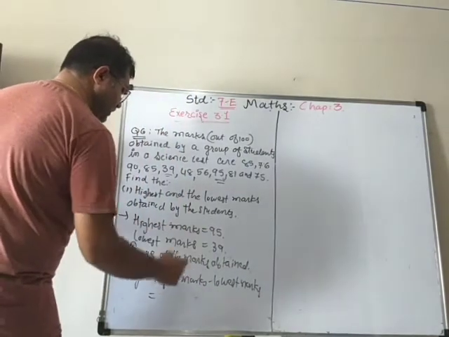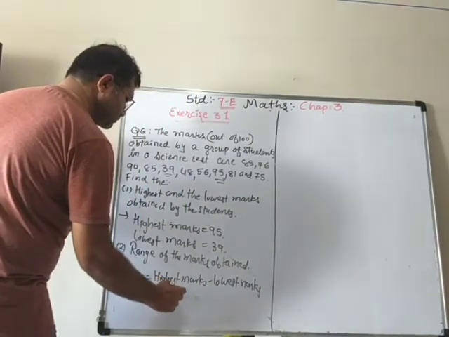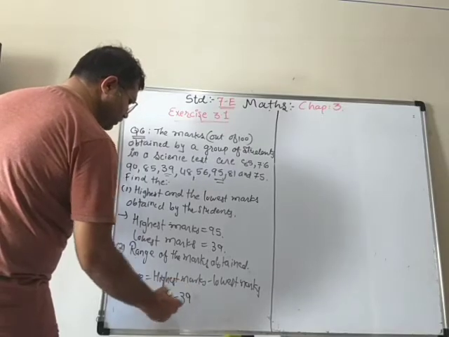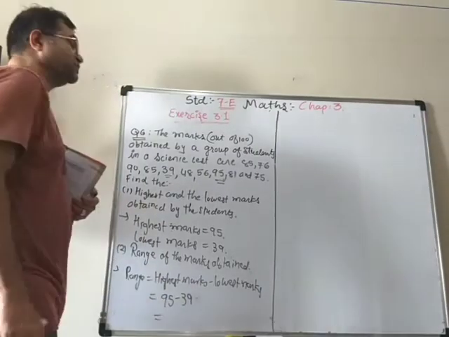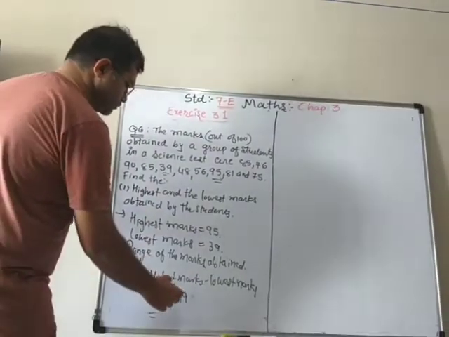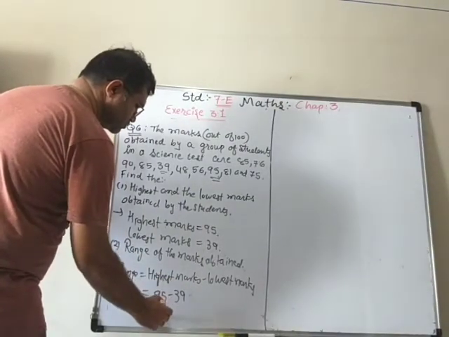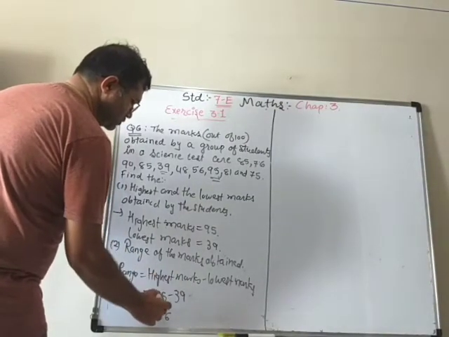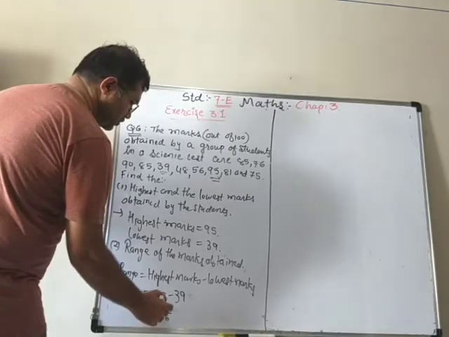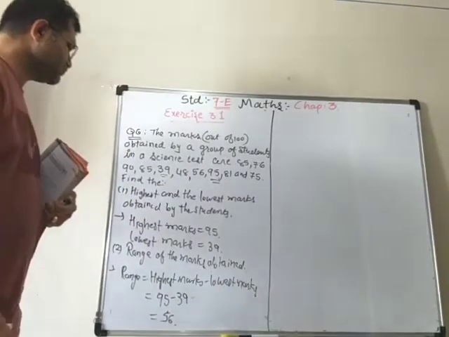Highest marks are 95 minus lowest mark is 39. So the range is 56.